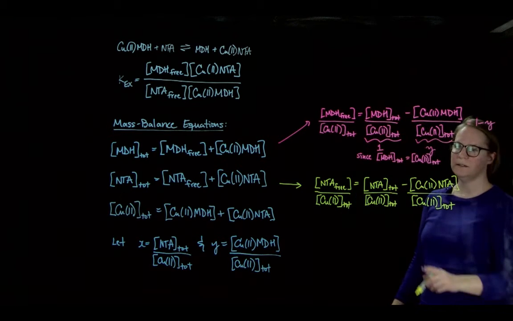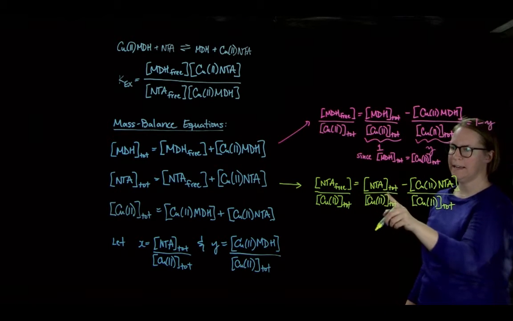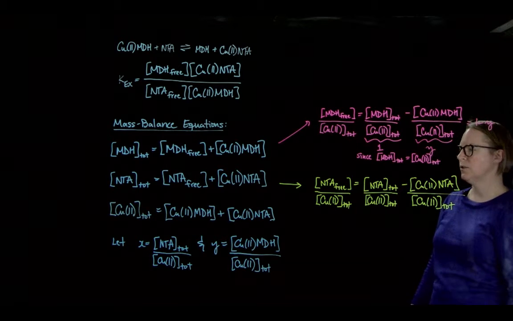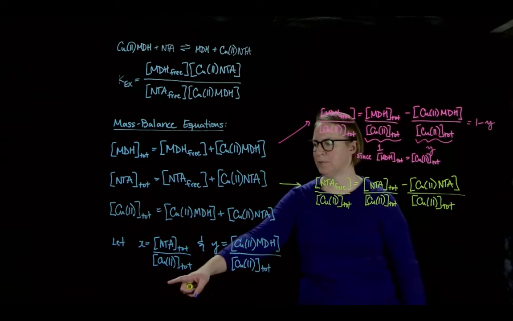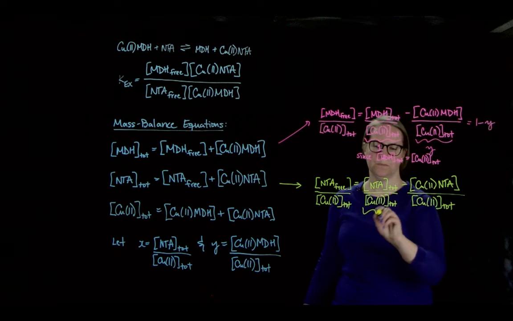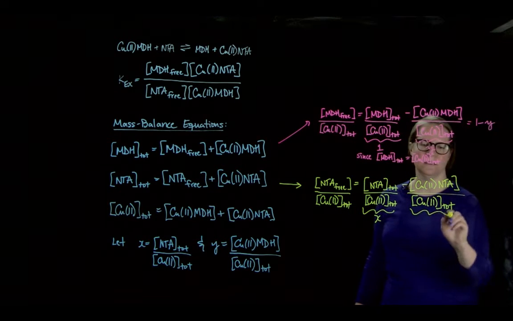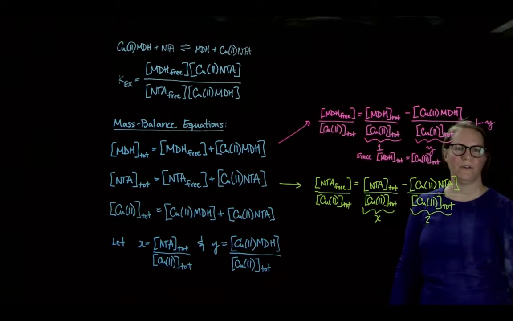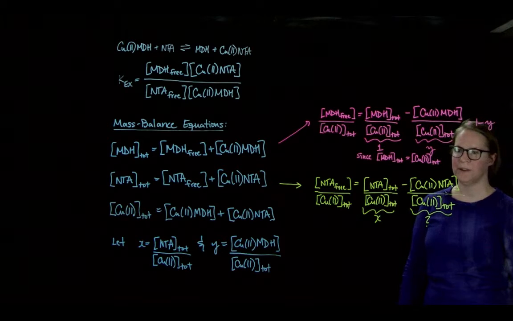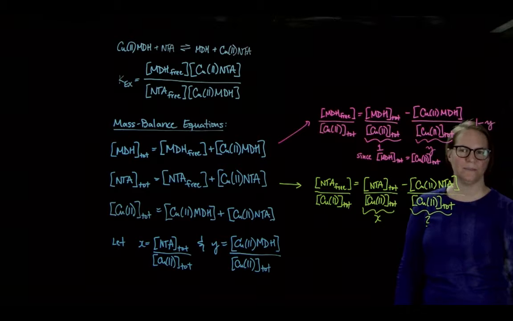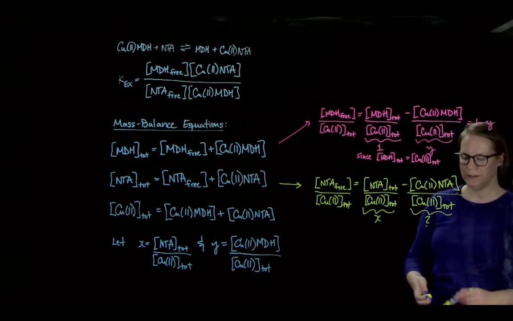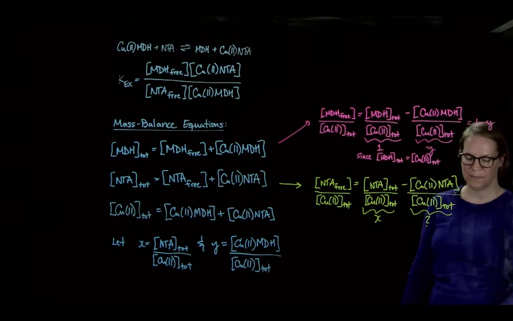In so doing, we now have NTA total concentration over total concentration of copper 2, and that's precisely how we defined x. But we're subtracting something we don't have an expression for in terms of x and y yet. So we need to actually look at the mass balance equation for copper 2 in order to replace that with something.